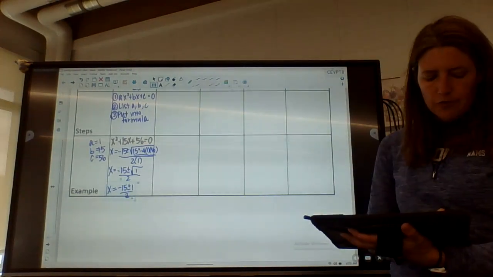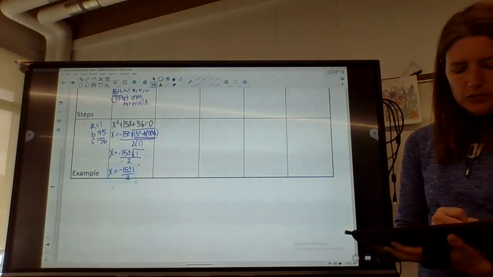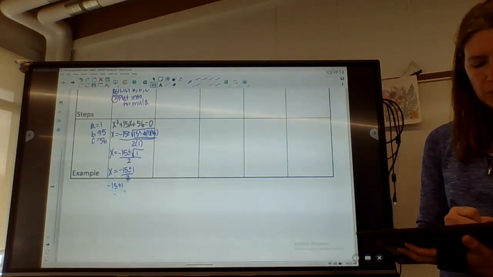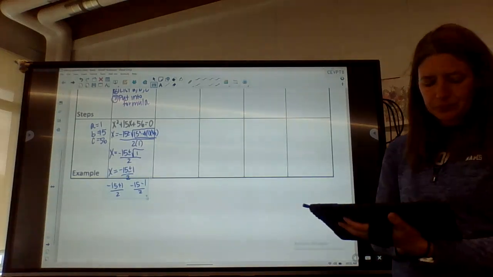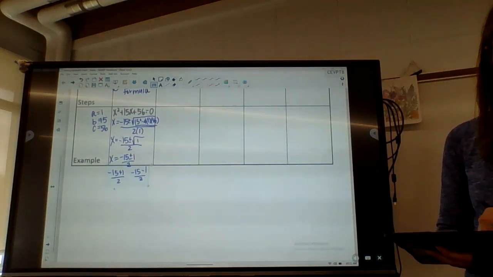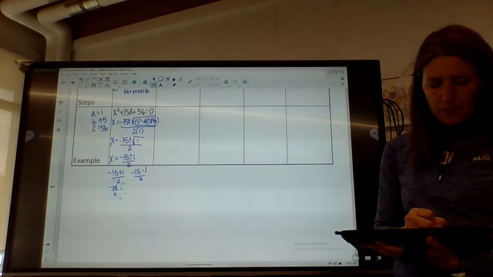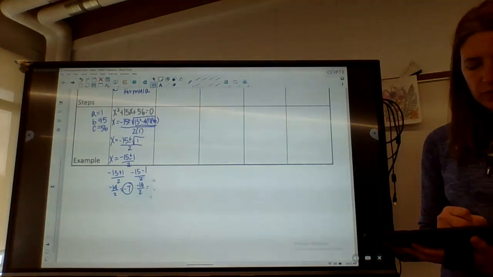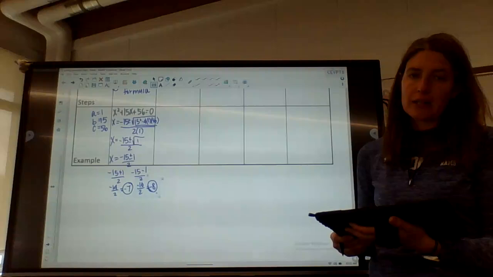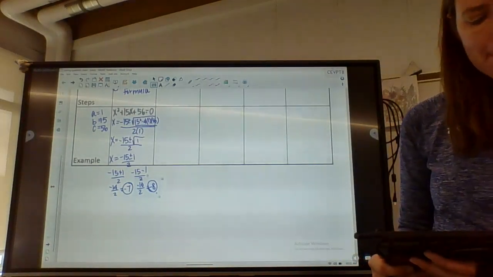We're going to do negative 15 plus 1 divided by 2, and negative 15 minus 1 divided by 2. So we get negative 7 and also a negative 8. So those are our 2 answers. Okay?